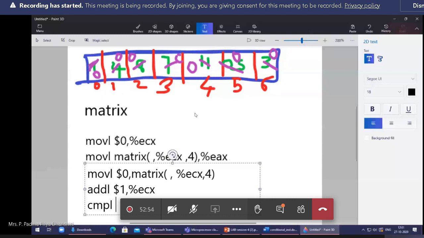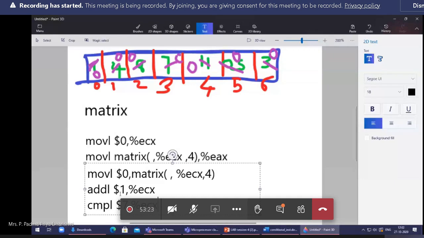See, the thing is, we have to compare the loop index with the size of the array. Okay? And now the value of the loop index is 1. Okay? That shows that one element in the array is changed to 0. Okay, so now we are comparing $7 with %ecx.